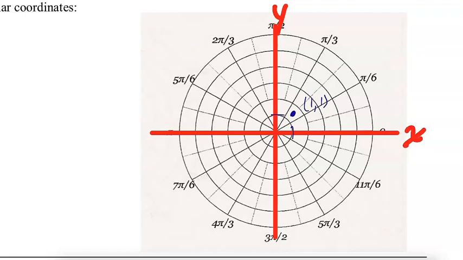If I wanted to express this as polar coordinates, the radius I can get from the Pythagorean theorem, since this is a triangle with a base of 1, height of 1, the radius here will be root 2, and it is acting at an angle of pi over 4, since it is a 1, 1, root 2 triangle. So this coordinate can be expressed in both rectangular and polar form.